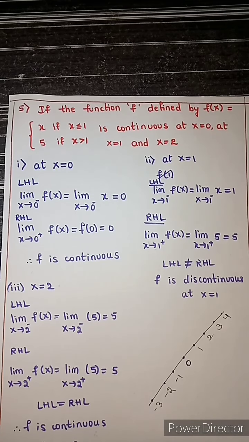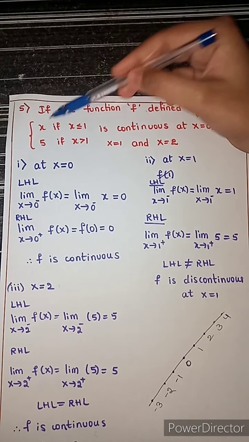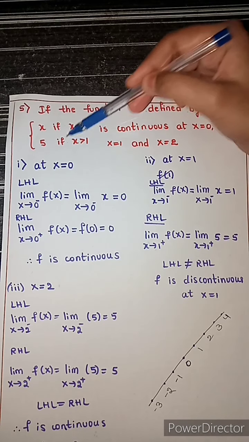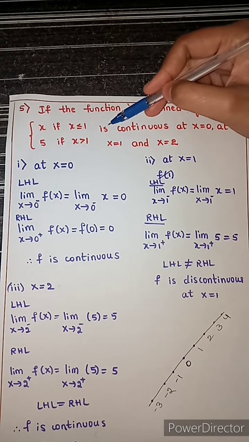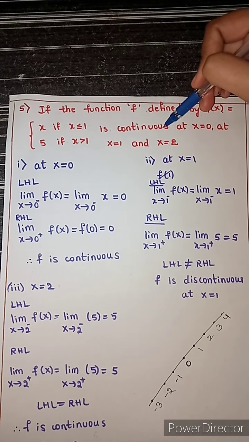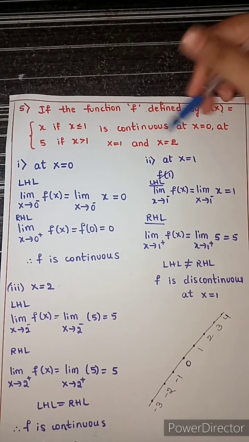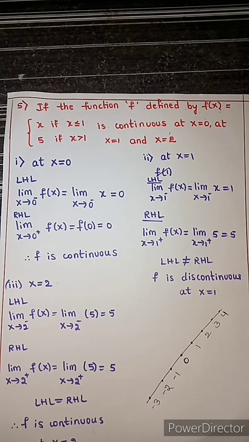Now, fifth question. Let me read the question. If the function f defined by f of x equals x if x is less than or equal to 1, and 5 if x is greater than 1, is continuous at x equals 0, x equals 1 and x equals 2.